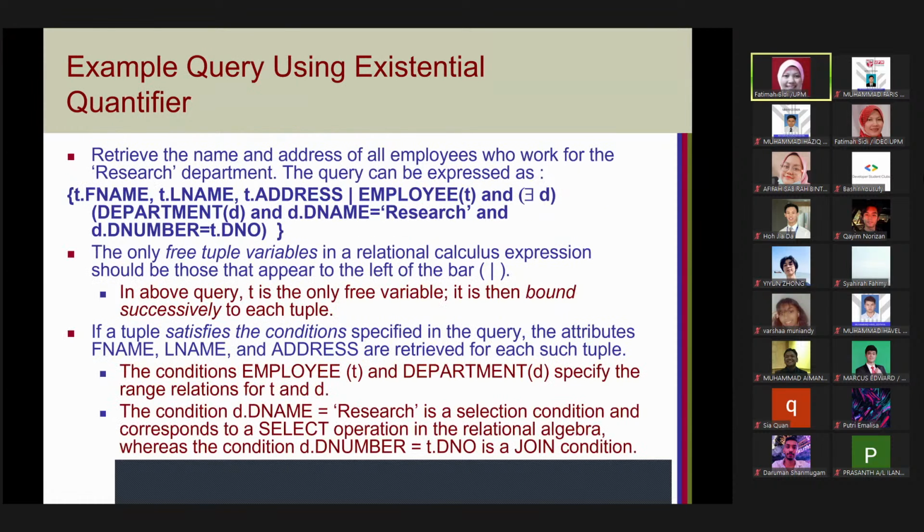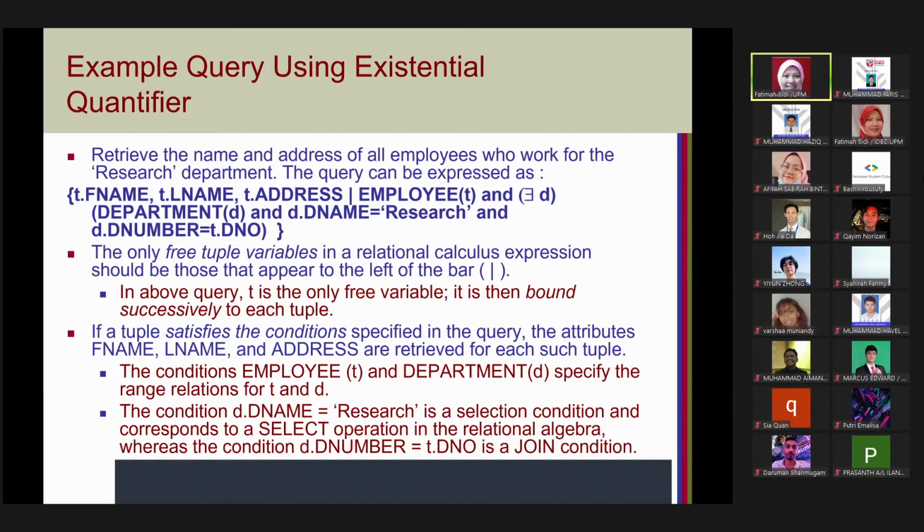Okay, let us look at this example query using the existential quantifier. We want to retrieve the name and address of all employees who work for the research department, right?